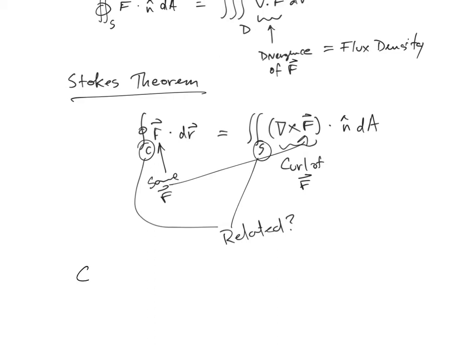What about surface S? If my surface S is just this, how do I orient a surface? When we did surface integrals, we learned how to orient a surface, right? We did that with a vector perpendicular to the surface. I can say my surface is oriented by this normal vector or by this normal vector, right? I had a choice. Okay? So surfaces and curves can be oriented in one of two directions.